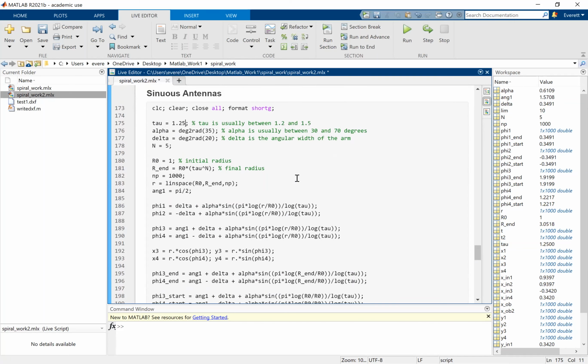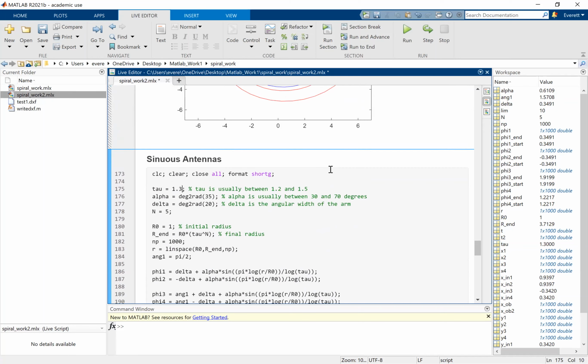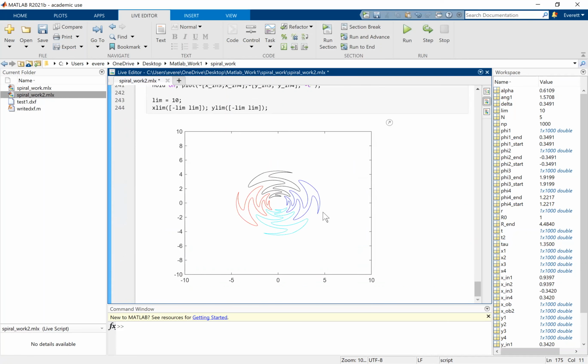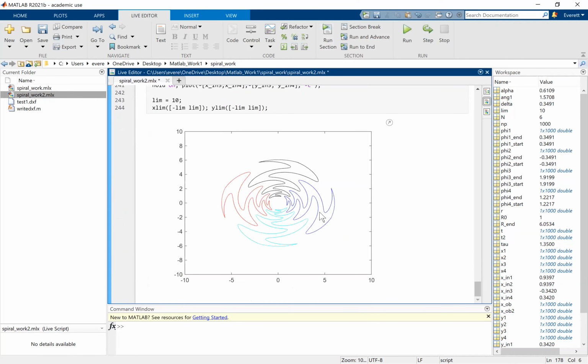How about 1.3? Uh, 1.35 here. All right, let's just make our n much bigger then. Okay, that's all right. So that's everything we need to know in MATLAB.